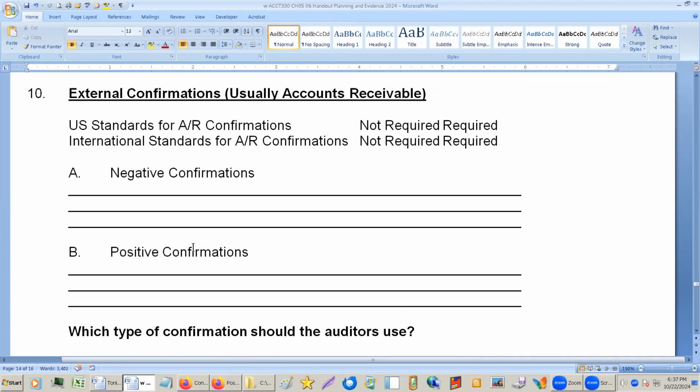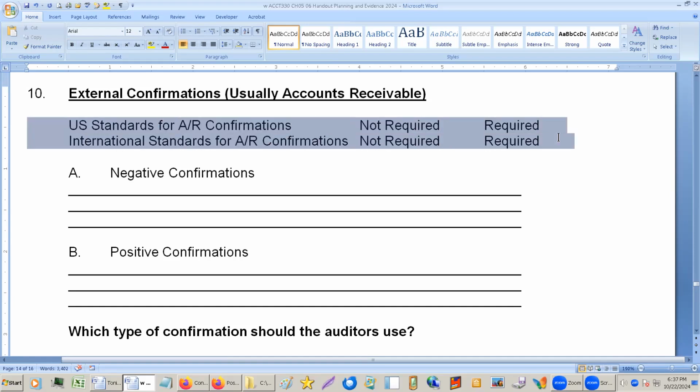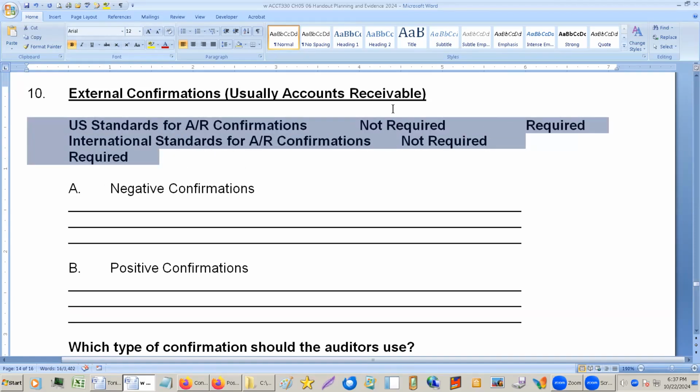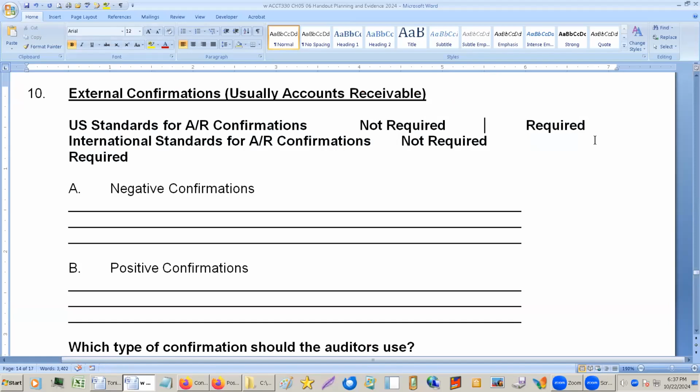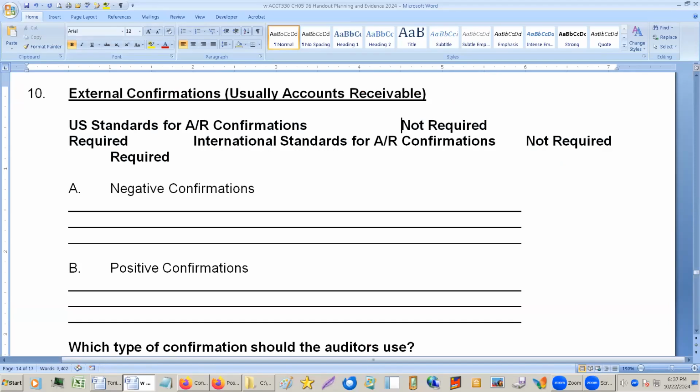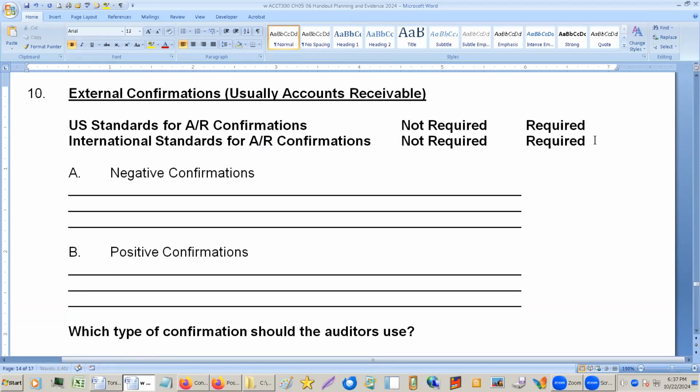External confirmations. Under US standards, confirmations are required.